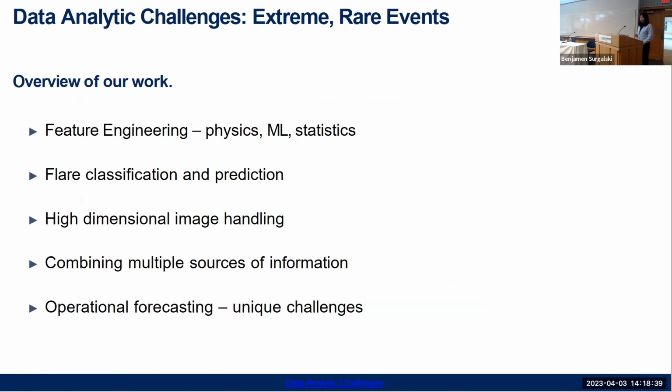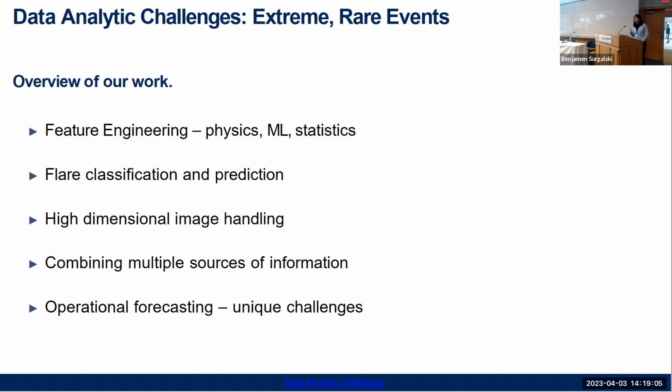So overall, a lot of our work in this solar flare prediction task is focused on, first of all, feature engineering. How can we extract important features from the high dimensional solar images based on physics, machine learning, or statistics, black box, white box methods combined to make the best predictions? And the second, we are interested in solar flare classification and prediction.